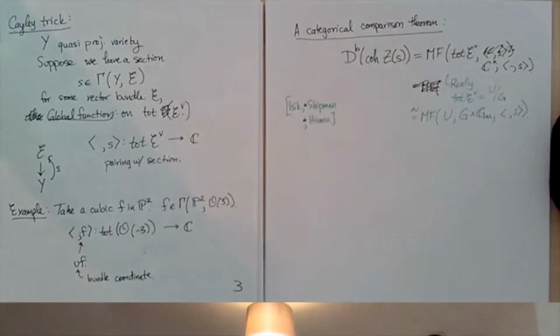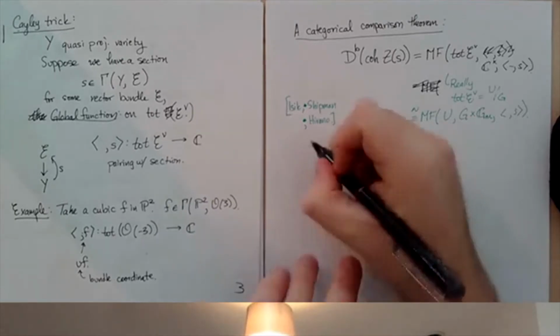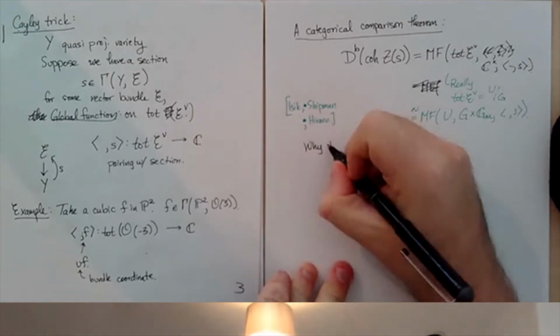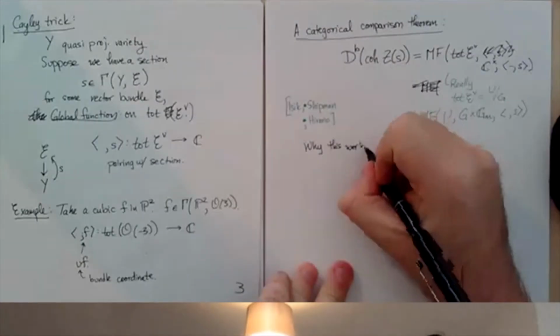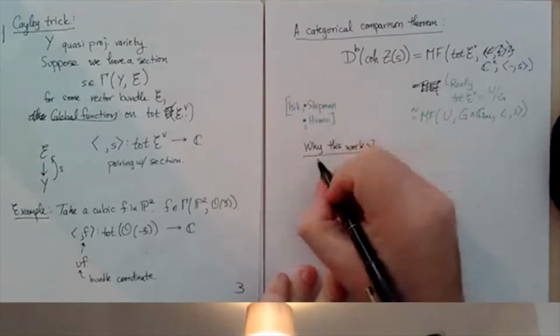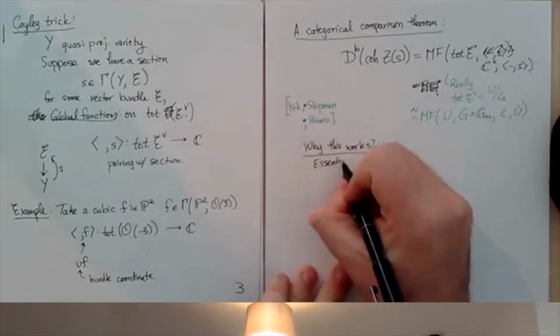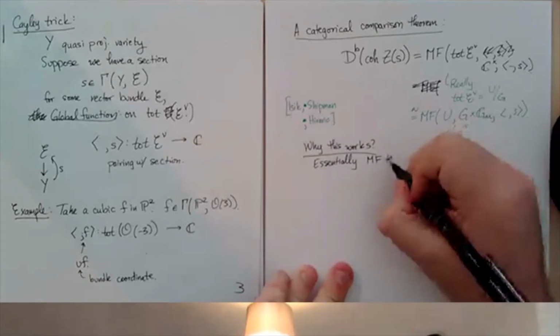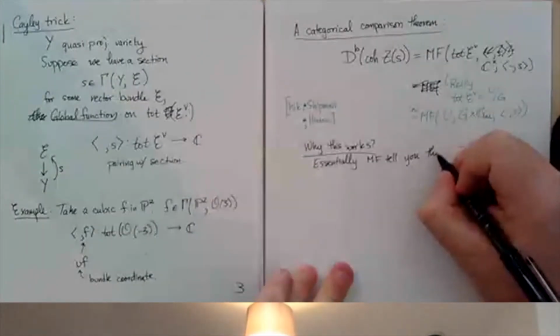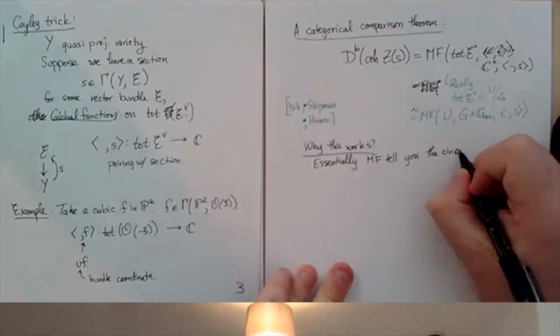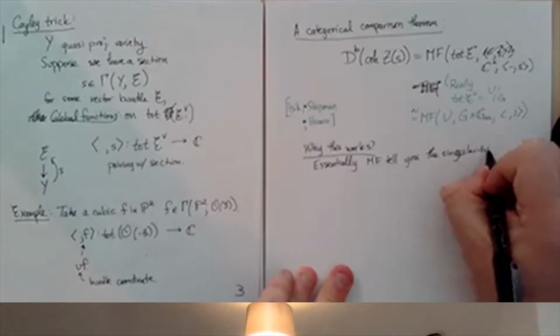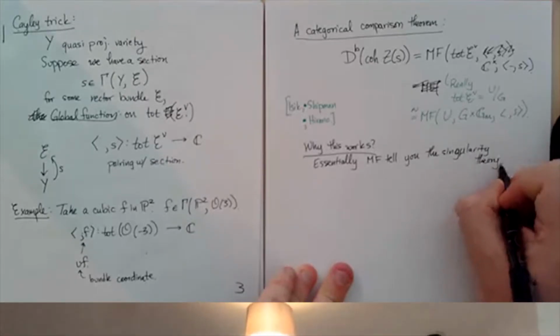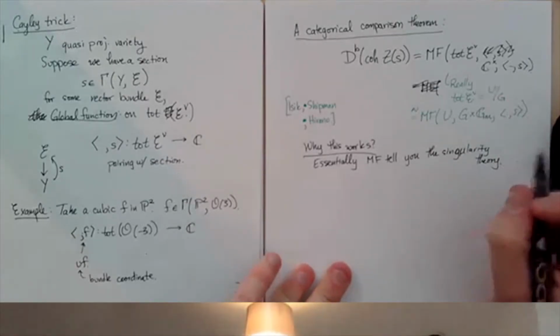All right. So let's talk about why this works. Essentially, matrix factorizations tell you the singularity theory. So what is the critical locus for this pairing?